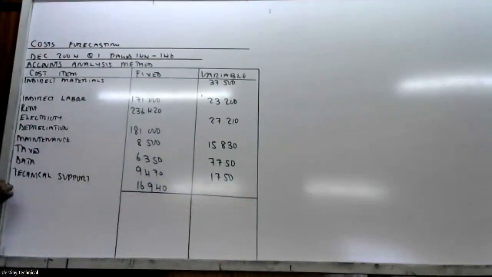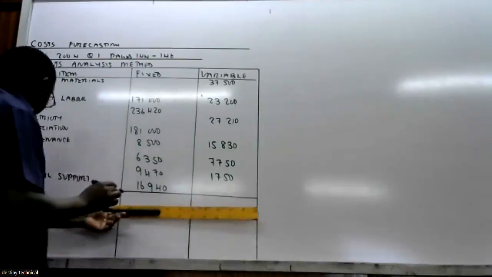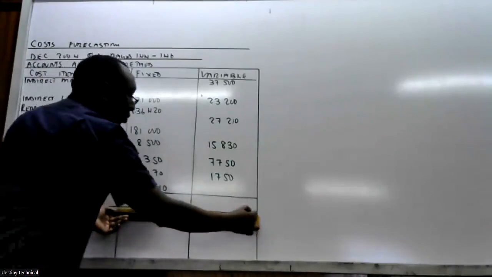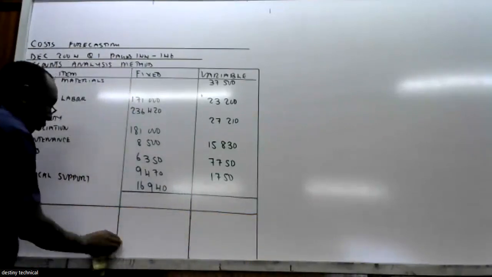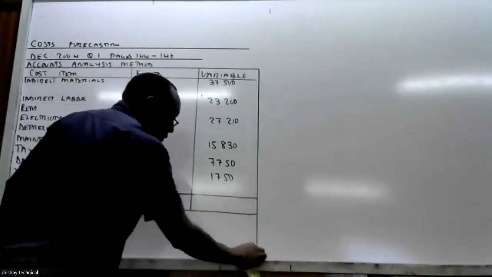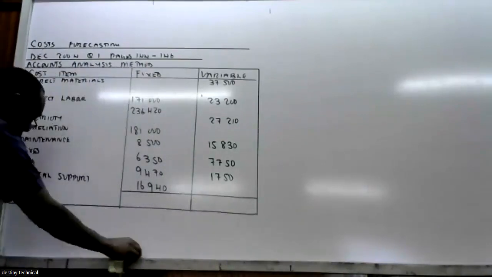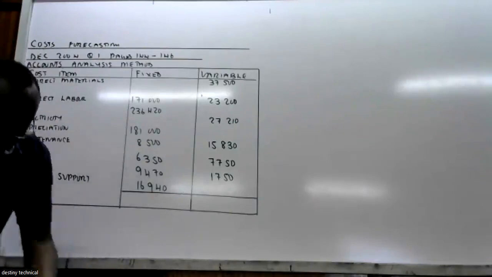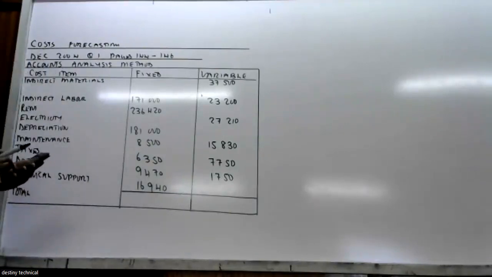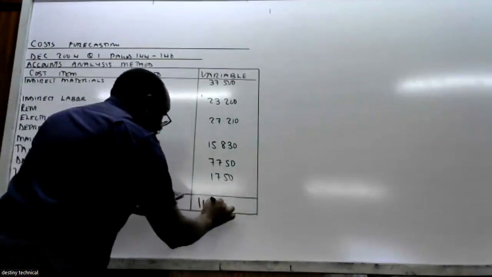Let's now get the totals. If I start with the variable, we have 113,240.